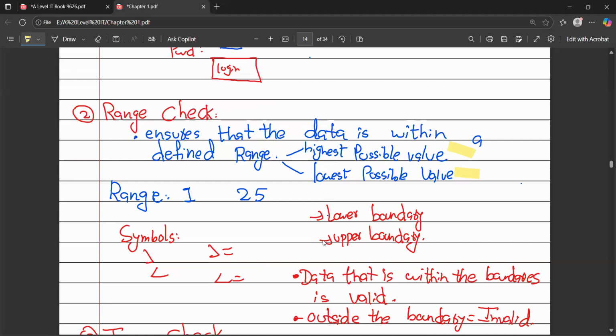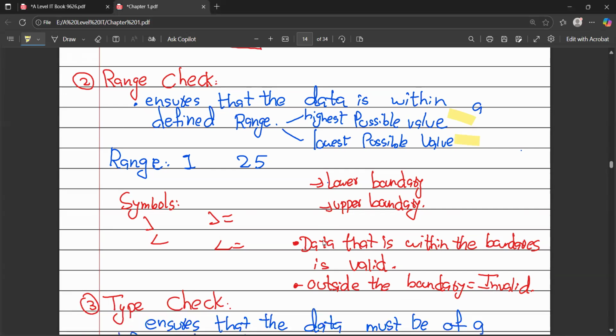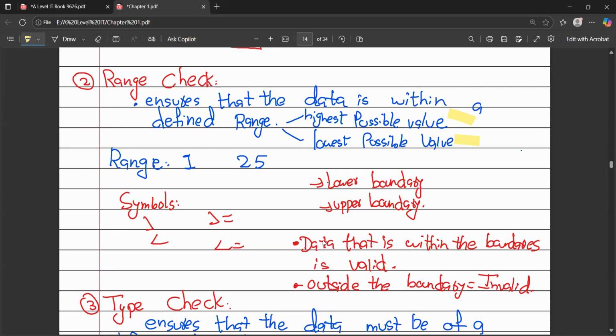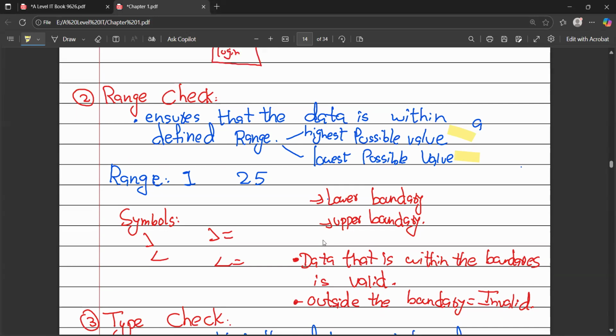And what is the upper bound? 75. So in a range check, our range is defined between the lower boundary and the upper boundary, and data that is within the boundaries is referred to as valid data. If it is data outside the boundary, it is considered invalid.